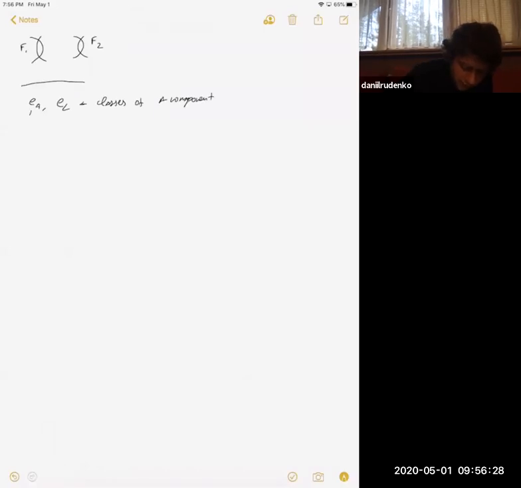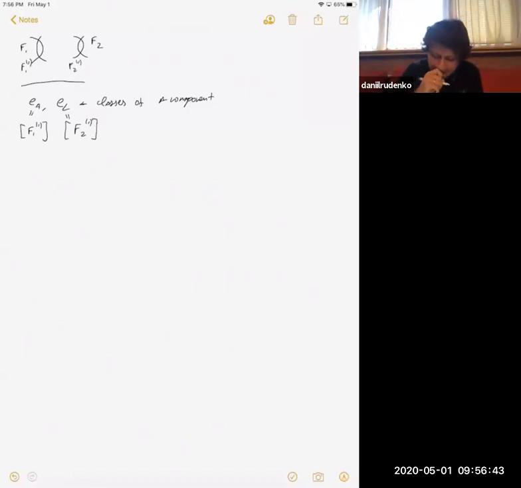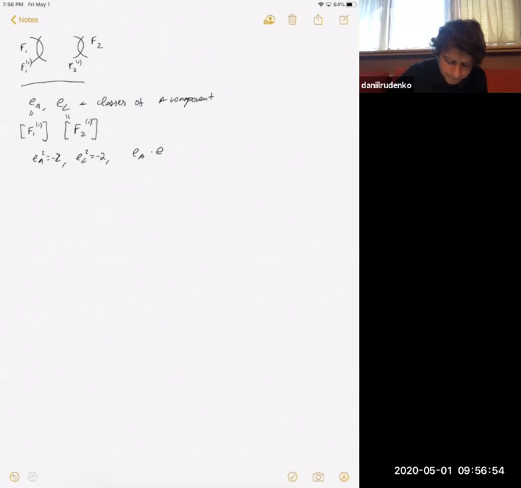So EA, for instance, will be the class of the first component of the fiber, this one, and EL will be the class of the first component of the second fiber, for instance. So then one can easily see that EA is a root, and EL is a root, and both of them are orthogonal to the canonical class, to F. And orthogonal to each other because these components don't intersect.